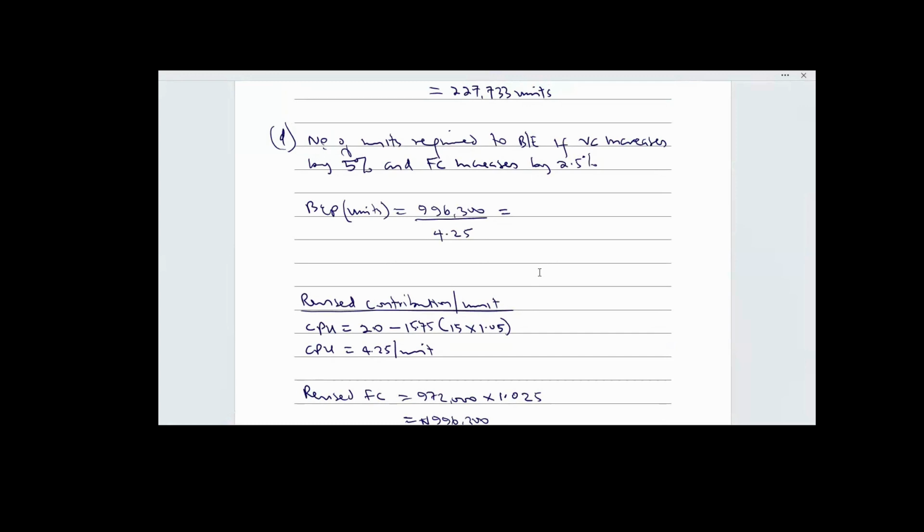Bring out your calculator, divide by 4.25, and that's 234,424 units. That's it. It's as simple as that. That's the end of the question.